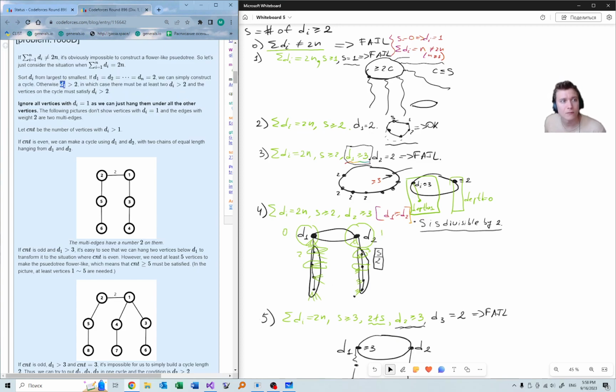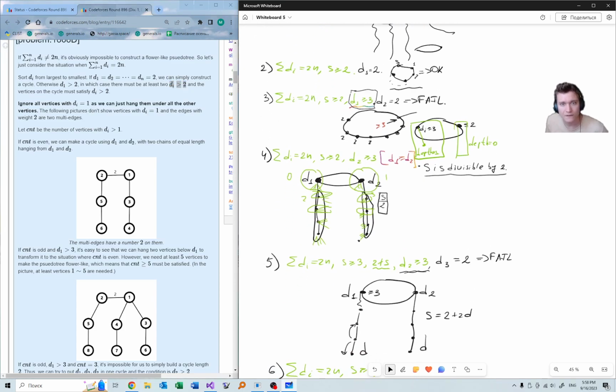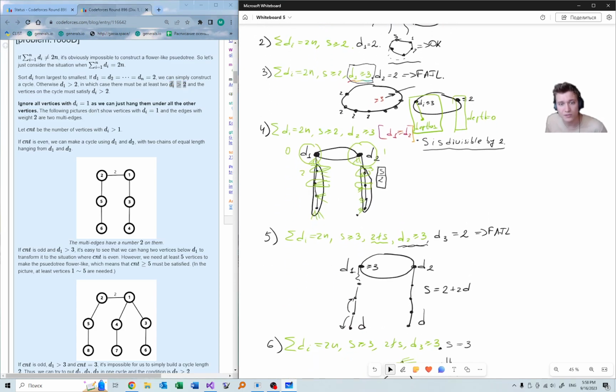Now what we say is d1 is at least 3, and also d2 is at least 3. So this is the third case. Okay, let's go next. If cnt is even, we can make a cycle using d1 and d2, and I do it. So if s is divisible by 2, I do it.